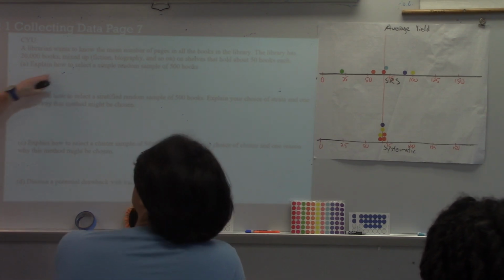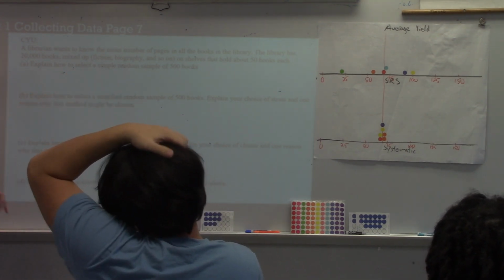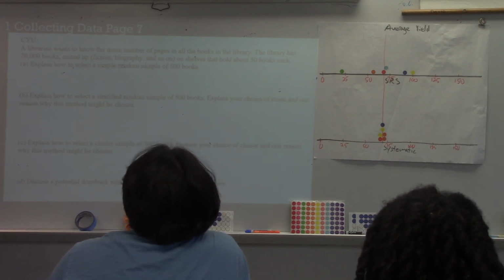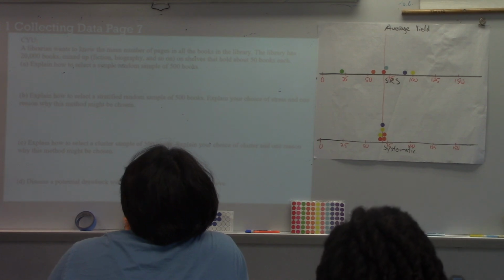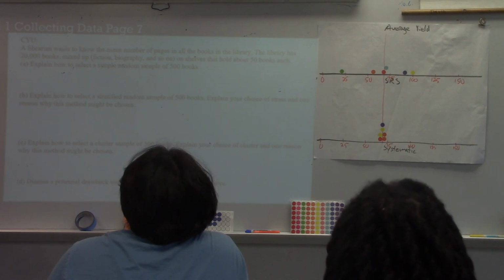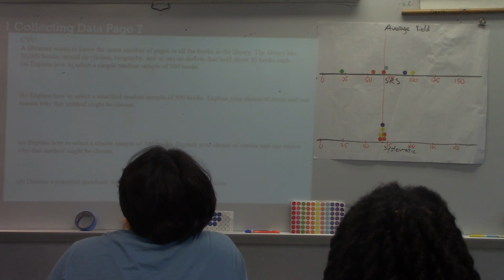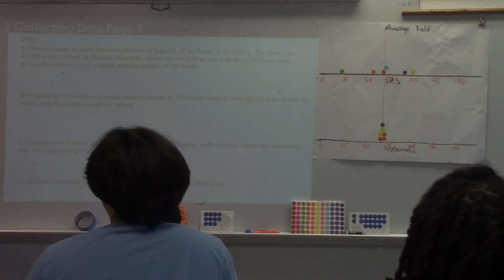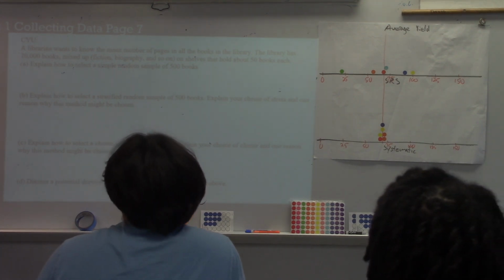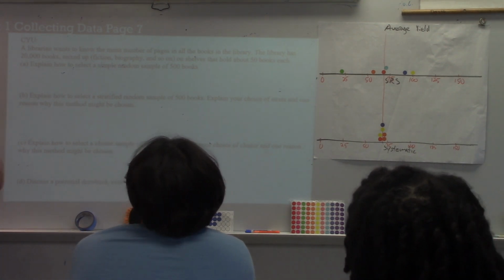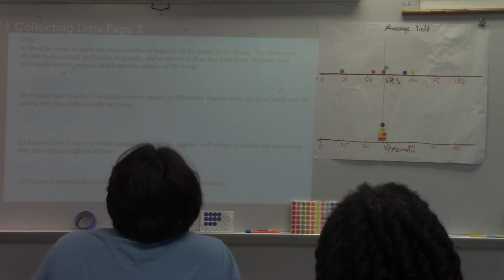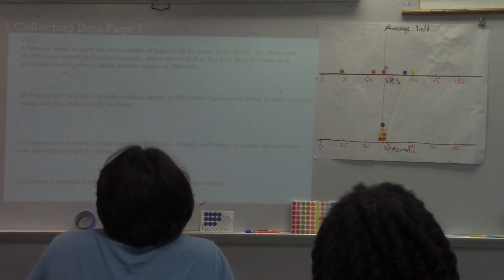So how to select a simple random sample of 500 books: label every book 1 to 20,000, then randomly generate what? 500 numbers. You are correct, but there's something you're missing that the AP wants: you have to randomly generate 500 unique numbers, so it is without replacement.